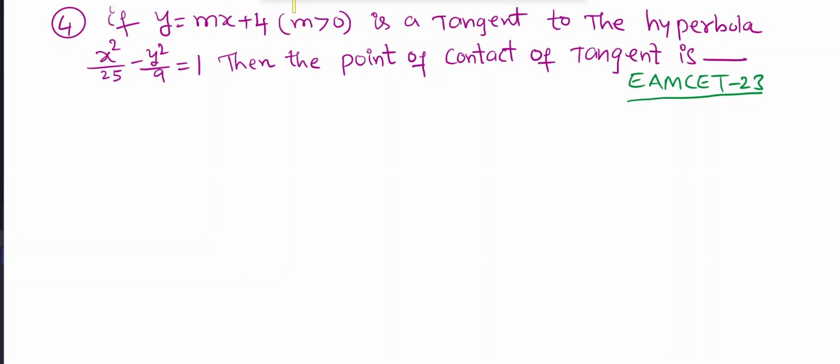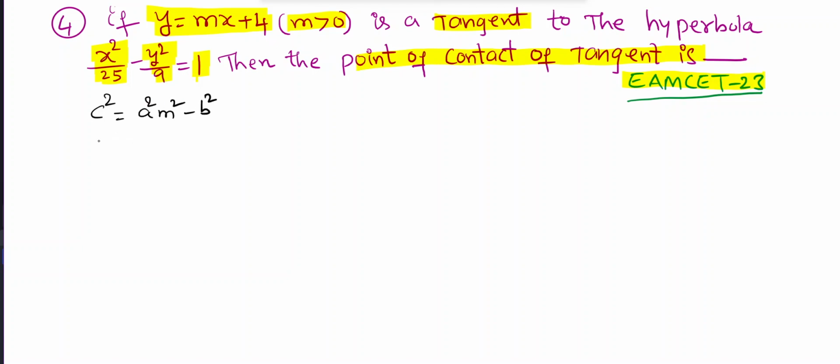This is the fourth question from the hyperbola, a TSM EAPCET 2023 question. Given y = mx + 4, where m > 0, is a tangent to the hyperbola x²/25 − y²/9 = 1, then the point of contact of the tangent is? The given line y = mx + 4 is a tangent to the hyperbola, so the condition for tangency is c² = a²m² − b².